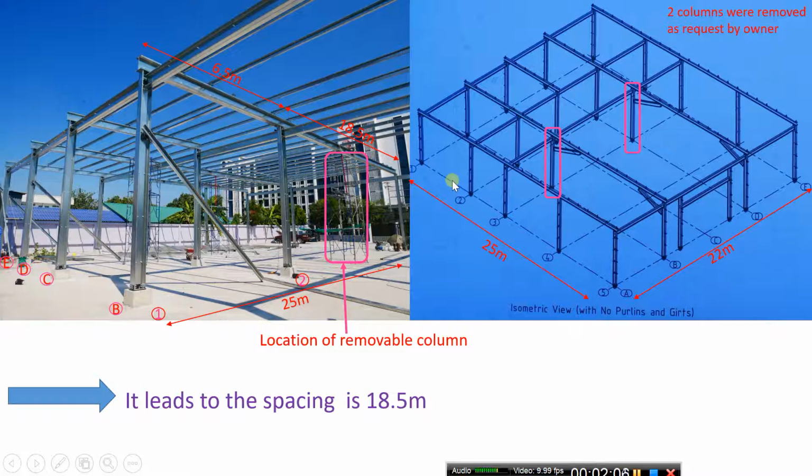And the remaining, we don't have any middle column from S2 to S5, 18.5 meters, right? After we remove this column, the spacing from this column to this column is 18.5. So the total is 6.5 plus 18.5, which is 25 meters.